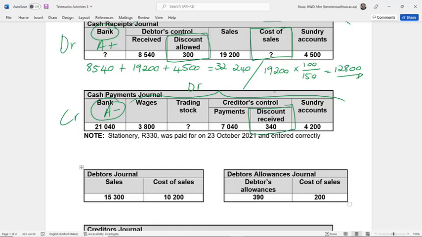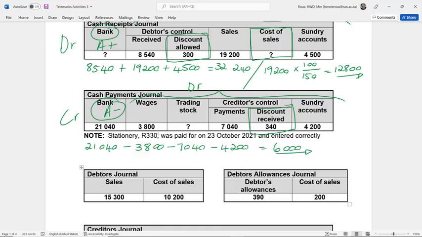So if we have to calculate trading stock, we've paid 21,040, of which wages was 3,800, creditors 7,040, and sundry accounts 4,200. Therefore, we bought trading stock for 6,000.